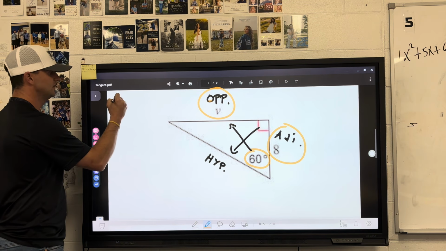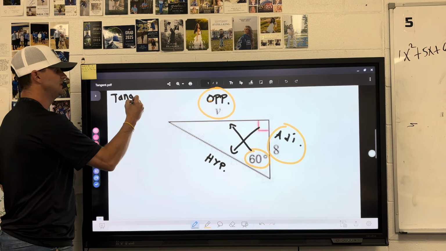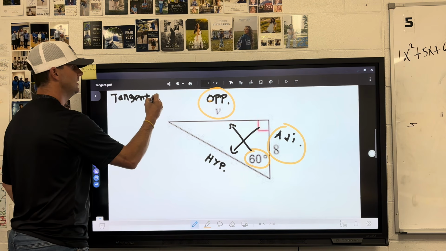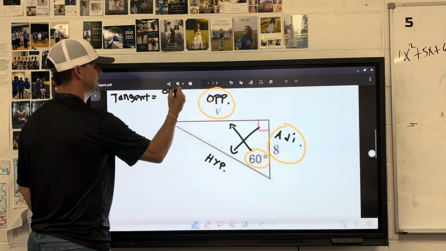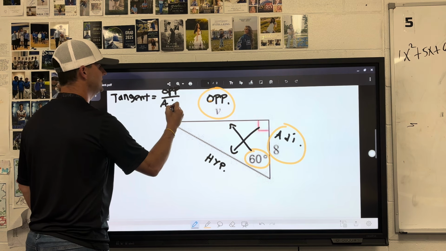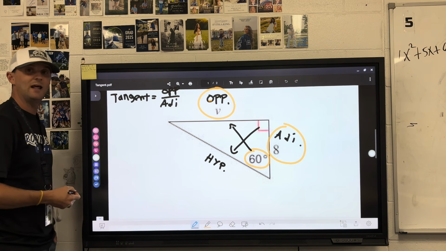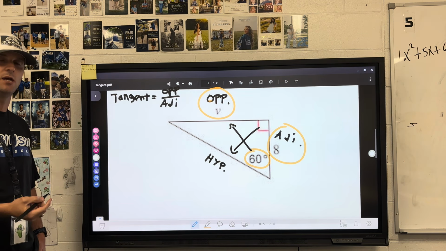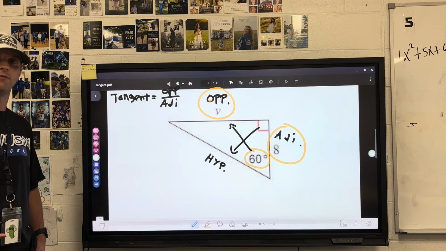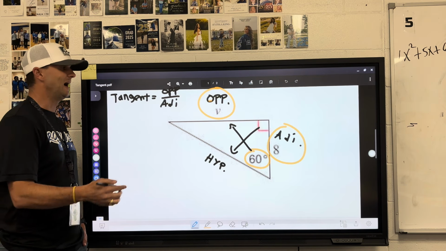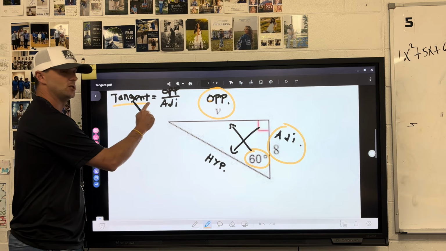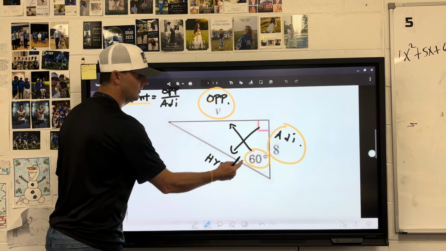Where I told you guys a while ago that the tangent ratio is known as the opposite side over the adjacent side. So right now I can actually figure out that ratio and I can go ahead and solve for this. So right now I know I'm using the tangent ratio of the 60-degree angle.